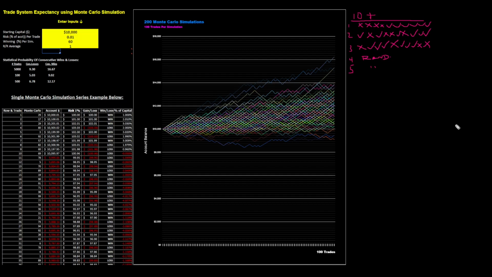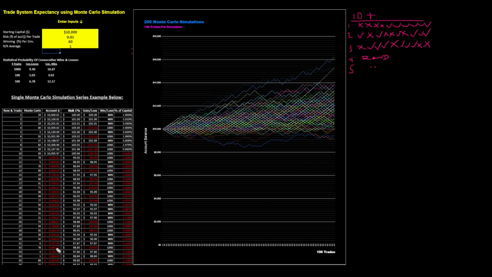So what the Monte Carlo simulation does is it takes a single Monte Carlo simulation series and plots all the trades, and then it shows your beginning account balance and what 1% of the compounding account balance risk would be. As you see here, this guy's got a string of losers.